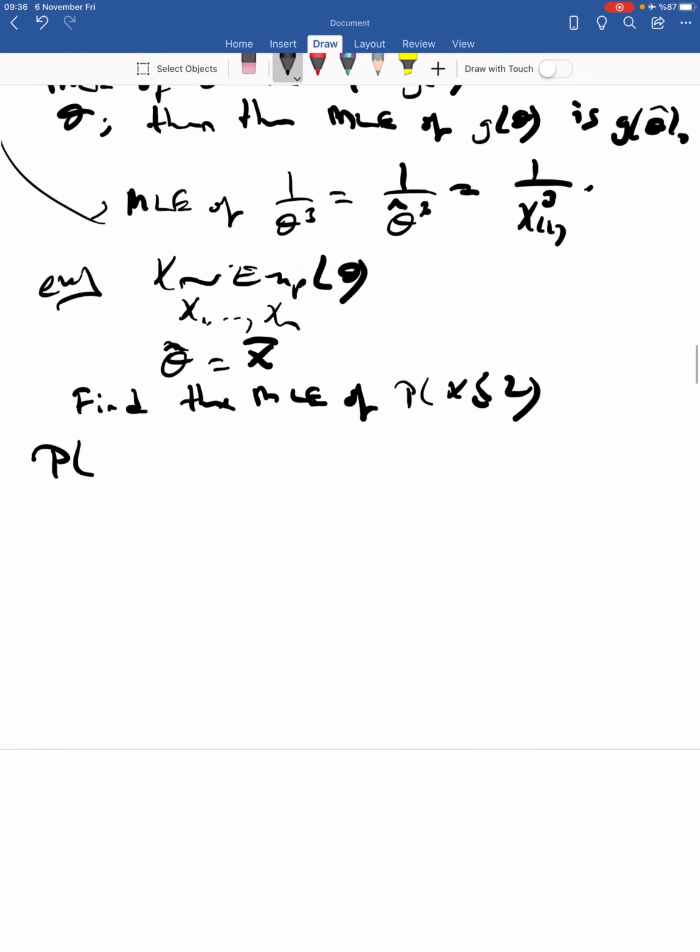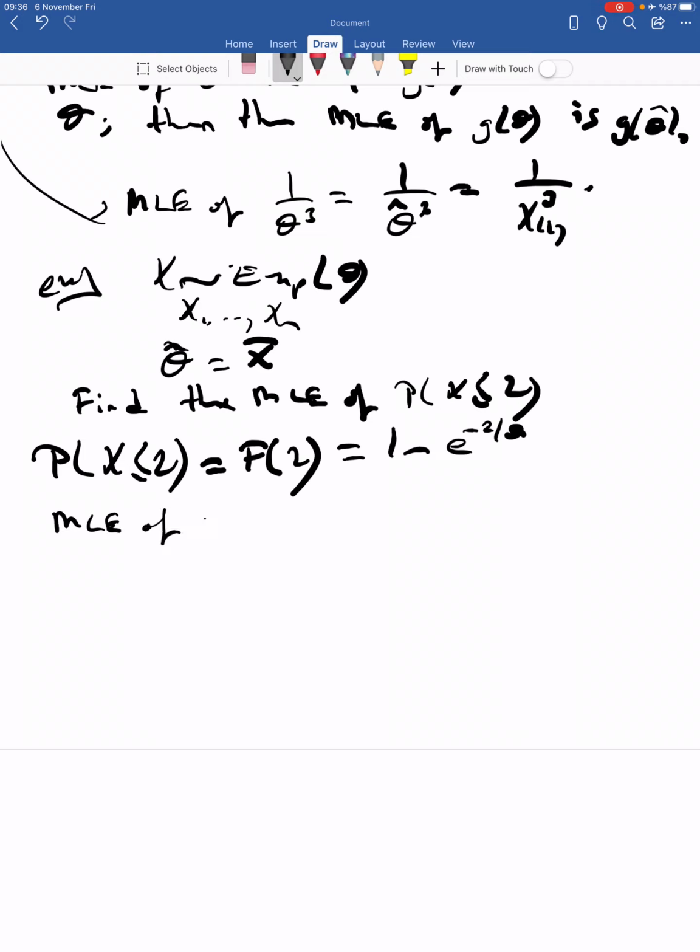What is this probability? This is the cumulative distribution function at point 2. For the exponential, it is 1 minus e to the minus 2 over theta. So when we consider the MLE of this probability, the only thing we have to do is replace theta by theta hat. So it is 1 minus e to the minus 2 over x bar.